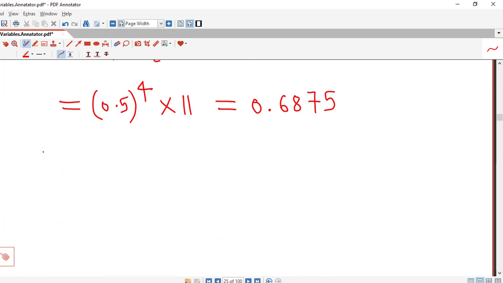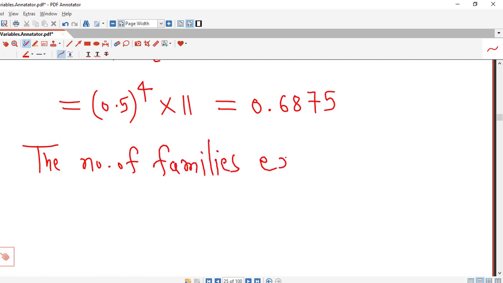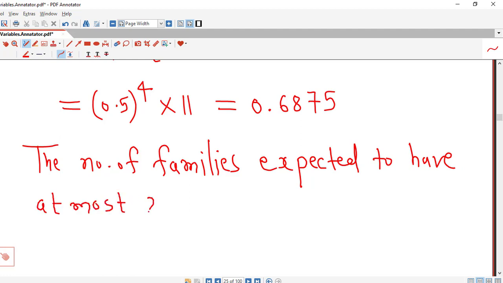We are asked to find the number of families expected to have at most 2 girls.